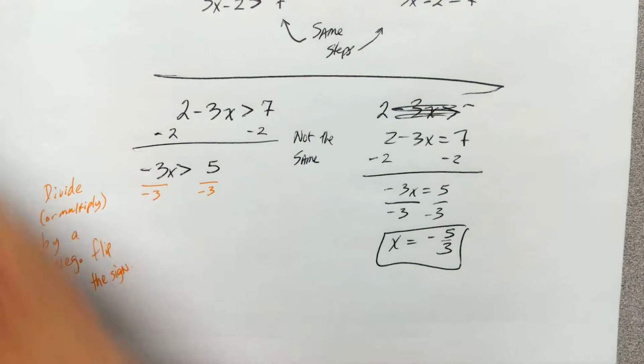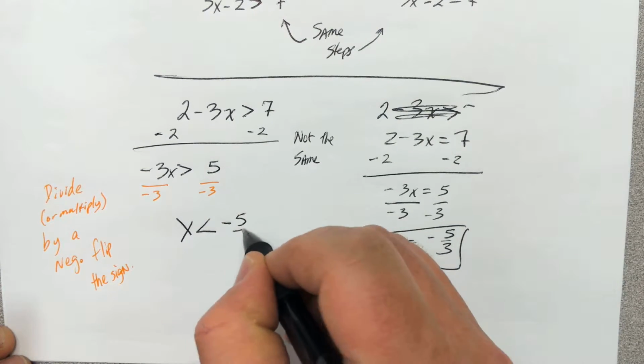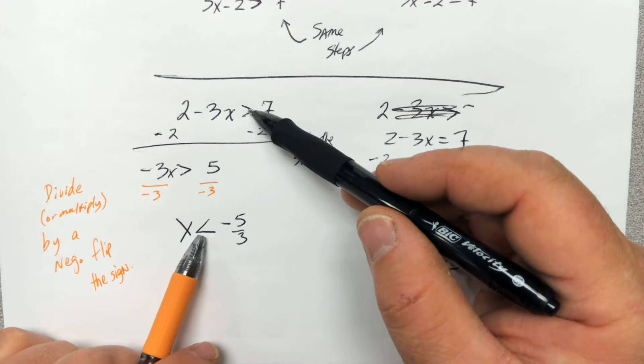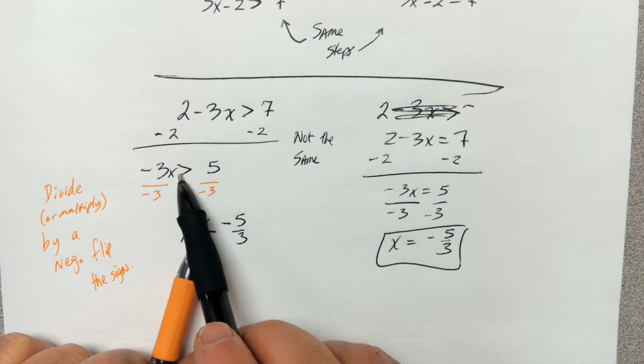So then our answer is actually going to be x is less than negative 5/3. That flips around.